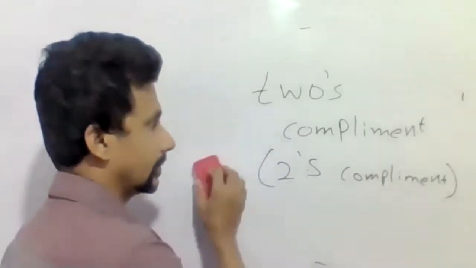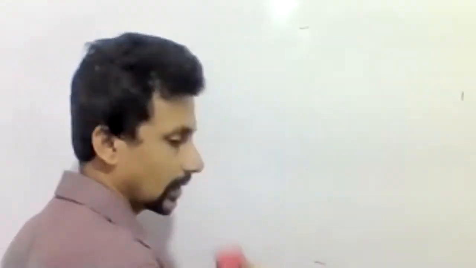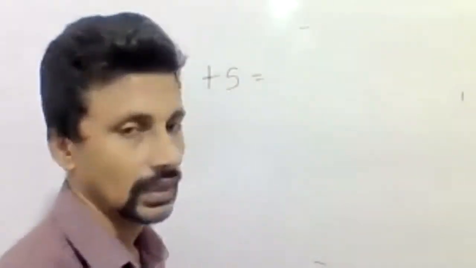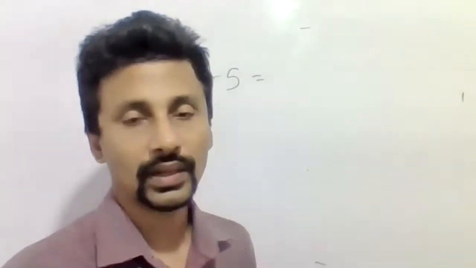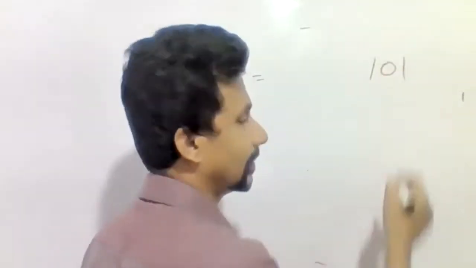Okay, we'll see how to convert these numbers to 2's complement. I'll take positive 5. Now 5, when you convert it to binary, 101 is coming, right?